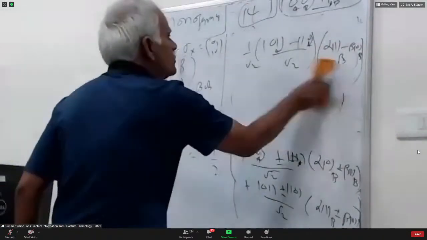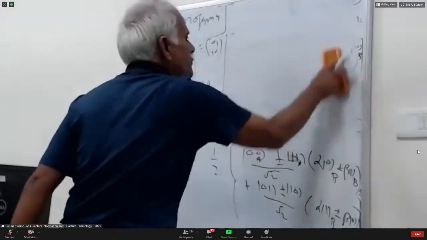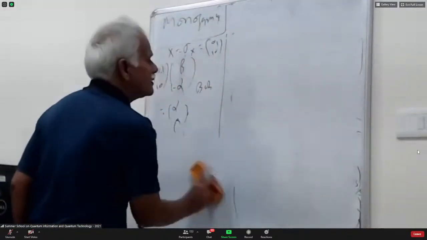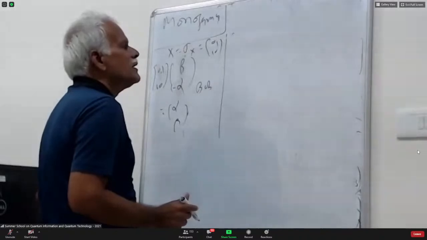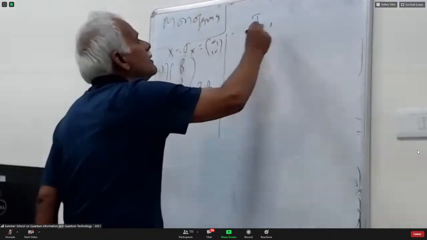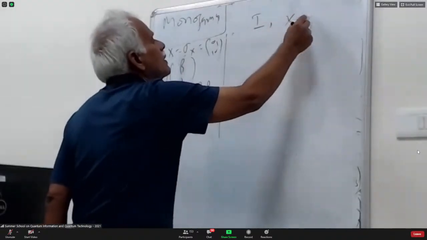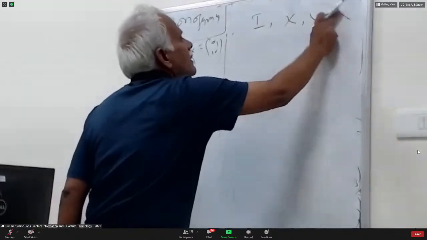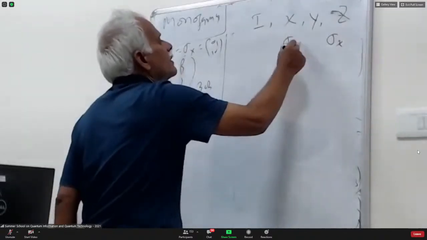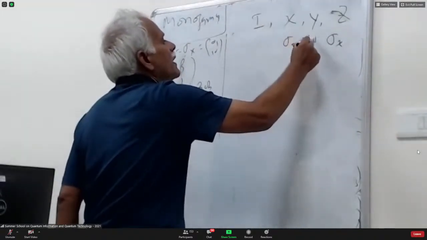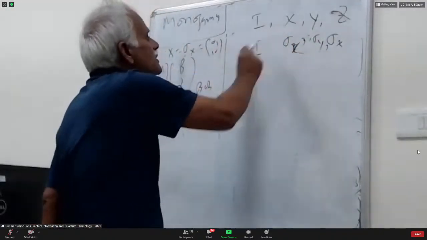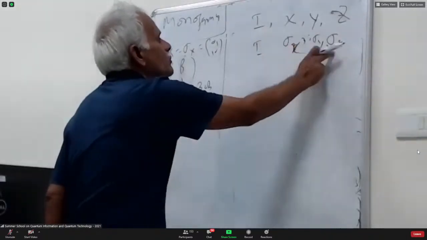So in the process, we found that after the measurement, Bob can get the exact state after Alice communicates the local gates to be applied. The gates that have been applied are I, X, Y, and Z. In Pauli matrices, sigma Z, sigma X, and this is for I and sigma Y. So how many pieces of information have been sent? 4: 1, 2, 3, 4.